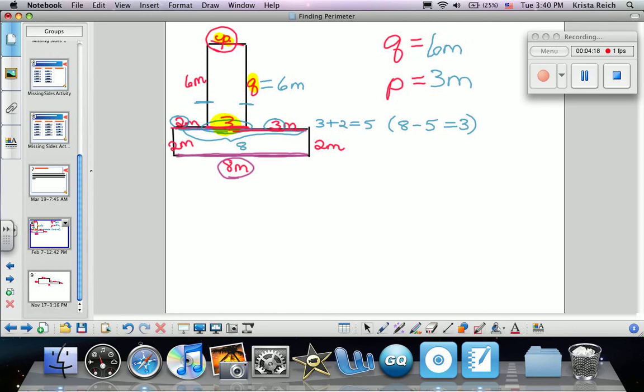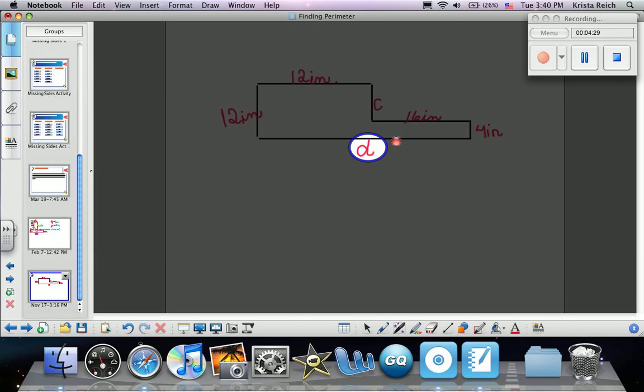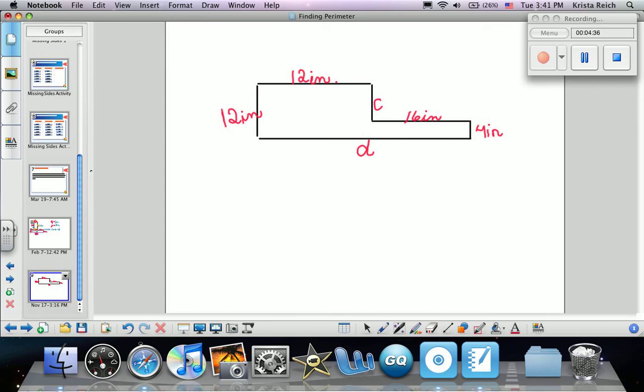Okay, here's another example. Same kind of deal. We're missing 2 parts here. We're missing our D, and we're missing our C. So once again, we need to break it up into smaller parts so that we can find these different variables up here. I'm going to focus on the D first.